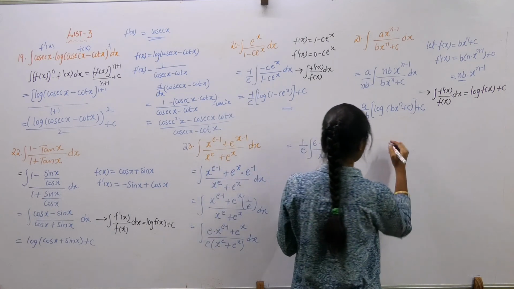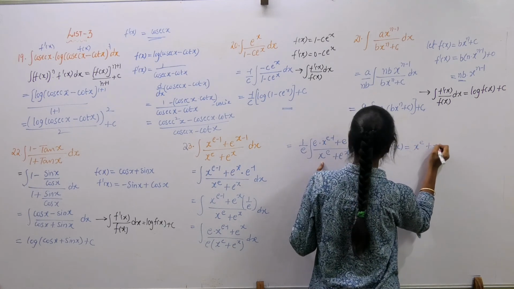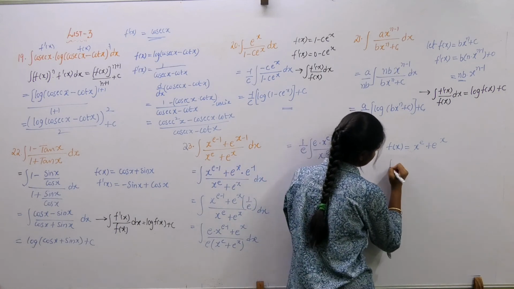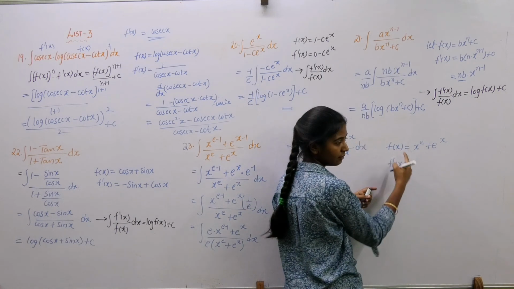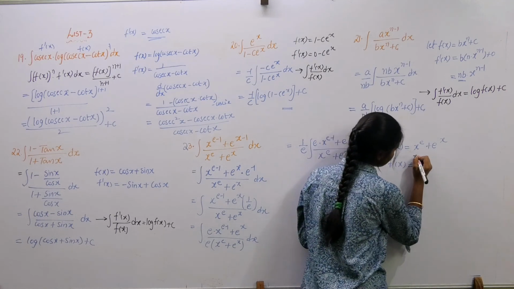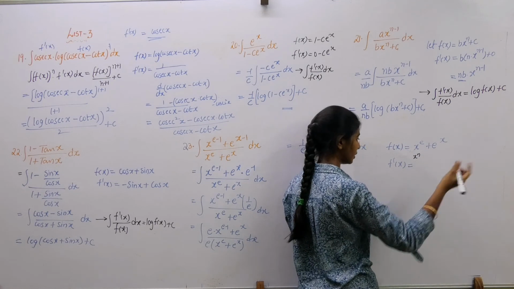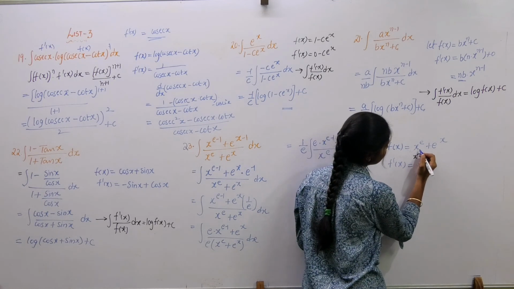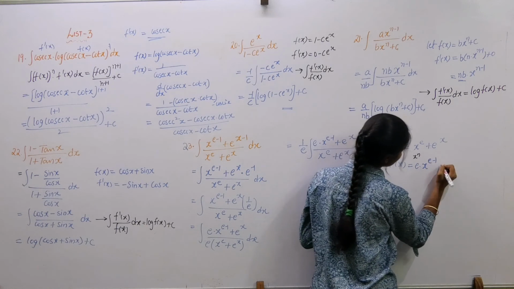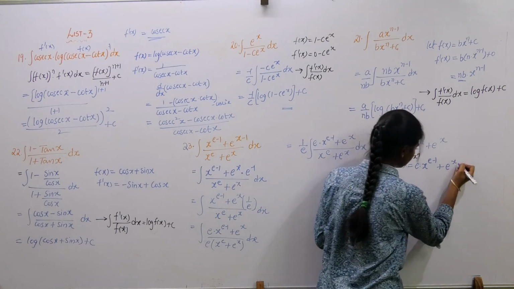Now let us check. f of x is equal to x power e plus e power x. Differentiating f of x, we get f dash of x. This is in the form of x power n. d by dx of x power n is n into x power n minus 1. Similarly, d by dx of x power e is e into x power e minus 1, plus d by dx of e power x, which is e power x.